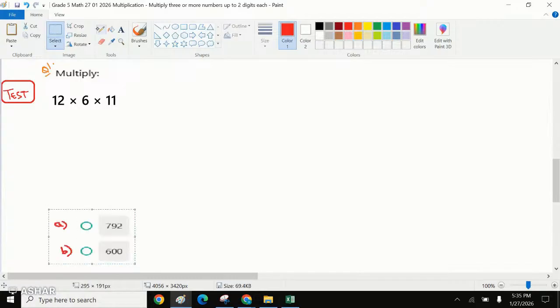See, it cannot be a number ending with 2 zeros, right? Why? Because we don't have a 10. Nothing is being multiplied by 10 or by 5, right? So we can always guess the answer, but we also need the accurate one. So what should be the accurate answer? Option A or option B?